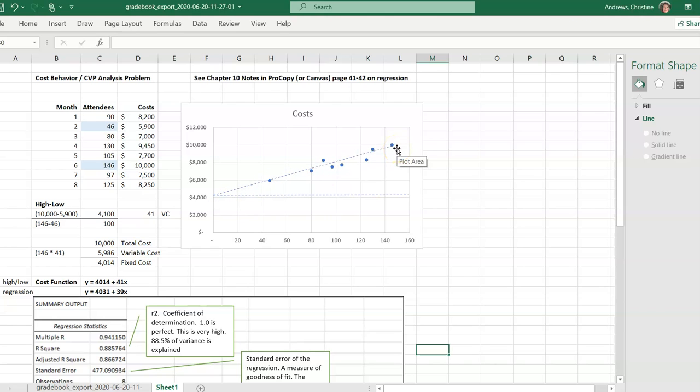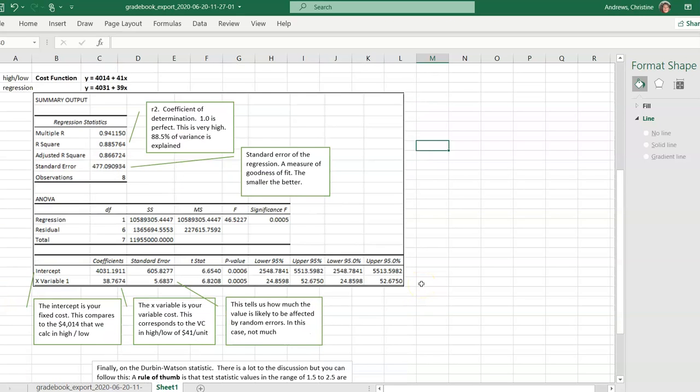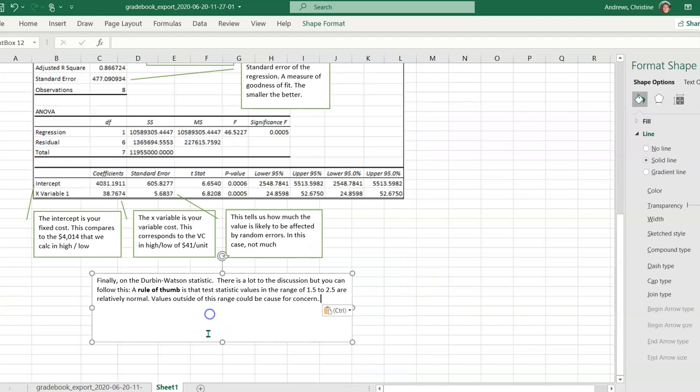The next one is constant variance of the residuals, and we use the Durbin-Watson statistic. I read quite a bit about it. I don't think this existed when I went to school anyway, and there's a lot of discussion, and it depends on what kind of data you have, but I did find this handy rule of thumb: test statistic values in the range of 1.5 to 2.5 are relatively normal.